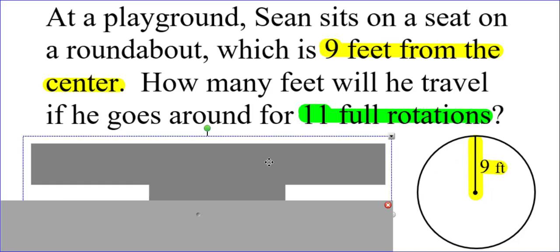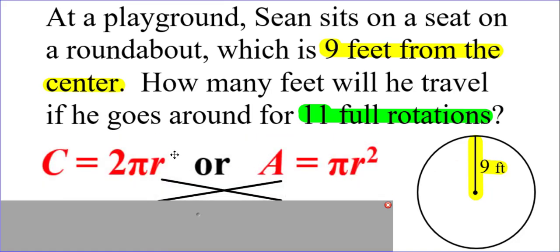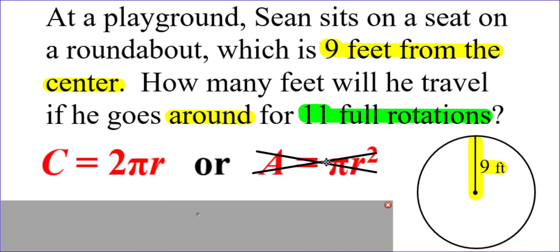From here, we've got to figure out, do we want the circumference formula or the area formula? Well, it tells us that Sean is going around the circle for 11 full rotations. In fact, the word rotation even means going around the circle. The distance around the circle is the circumference. That's why the area formula is not going to do us any good here.